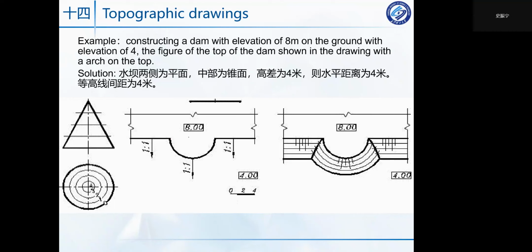At the center of the dam is the surface of a cone, and these contours are parallel to each other. Although they are circles, they don't cross with others. So we think that it is also parallel to each other.